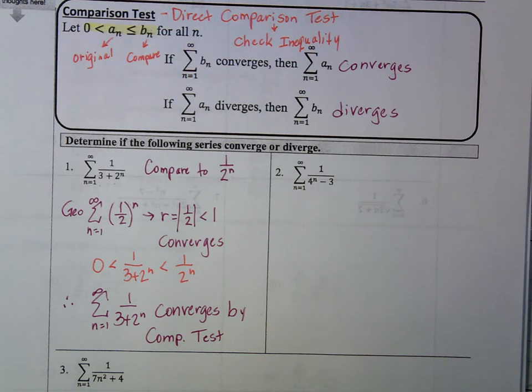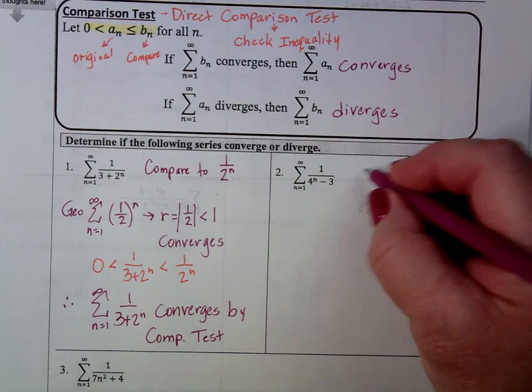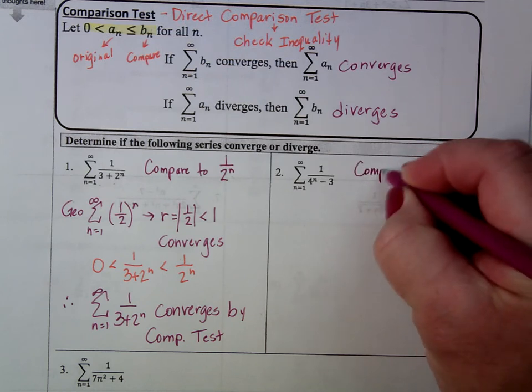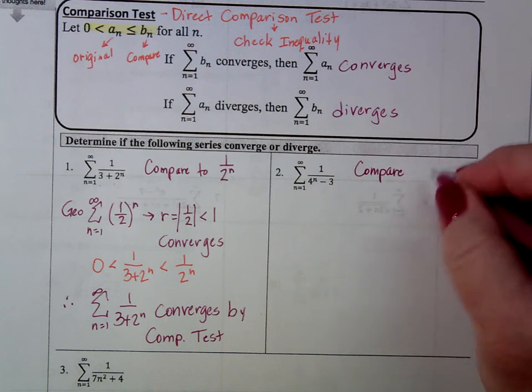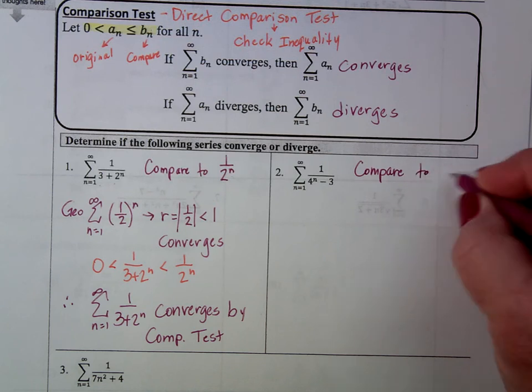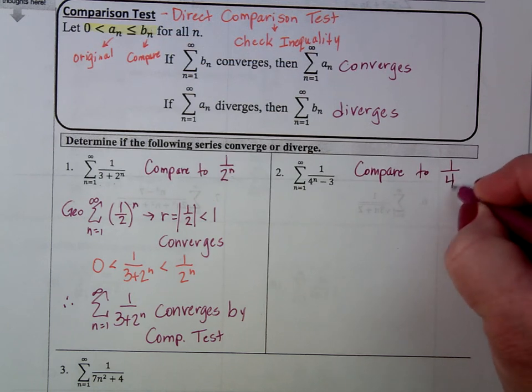Okay, so let's try another one. This time, what do you think I'm going to compare it to? You can kind of tell because it's a similar problem to the last one. By the way, you need to exactly say what you're comparing it to. You can't just leave it up for grabs. You need to write down exactly what you're comparing it to. So this one's going to be compared to 1 over 4 to the n for the same kind of reason.